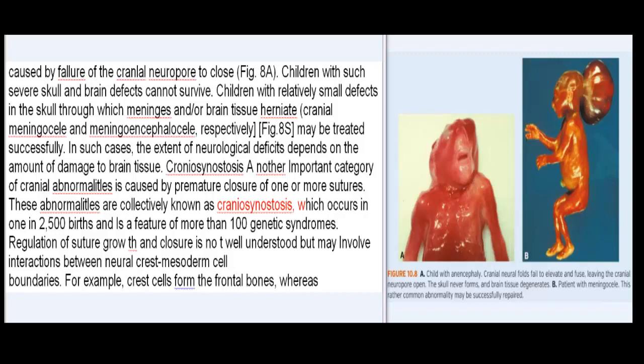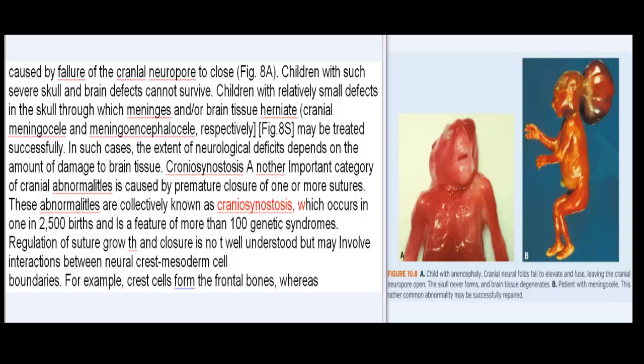Craniosynostosis. Another important category of cranial abnormalities is caused by premature closure of one or more sutures. These abnormalities are collectively known as craniosynostosis, which occurs in 1 in 2,500 births and is a feature of more than 100 genetic syndromes. Regulation of suture growth and closure is not well understood but may involve interactions between neural crest and mesoderm cell boundaries.